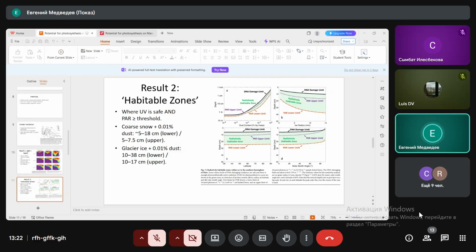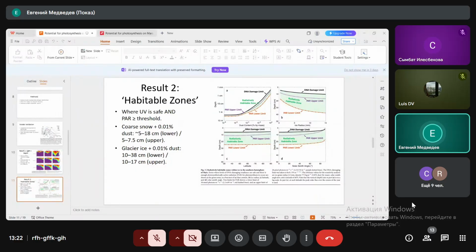And following previous studies, they use a value of 0.1 watt per meter squared as the irradiance limit for DNA damage, which is a terrestrial equatorial value during vernal equinox at midday.